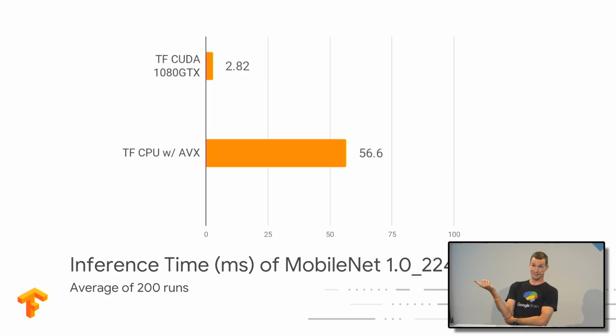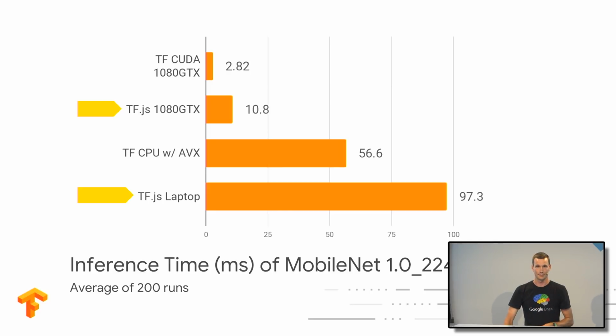So it's super fast. It's a little less than 3 milliseconds per inference. So every image can get predicted in a little under 3 milliseconds, and it's a little under 60 milliseconds on the CPU. This is Python. Let's see where the browser stacks up. It's sort of in between.